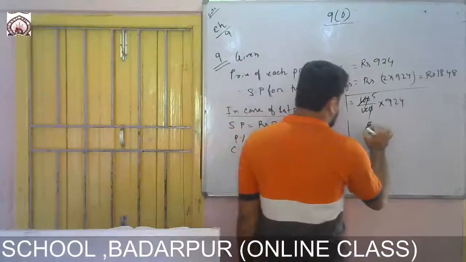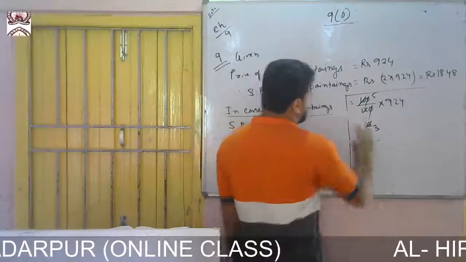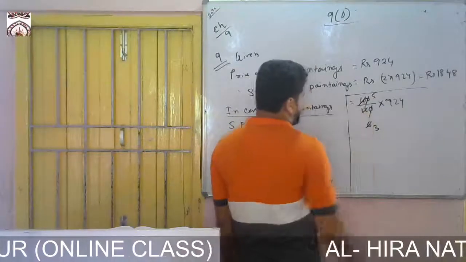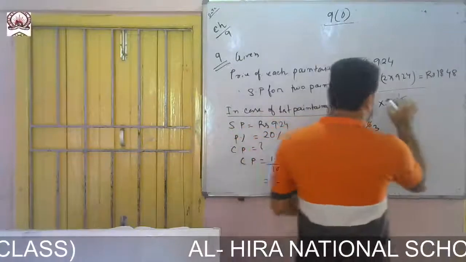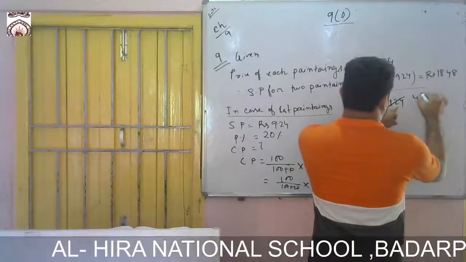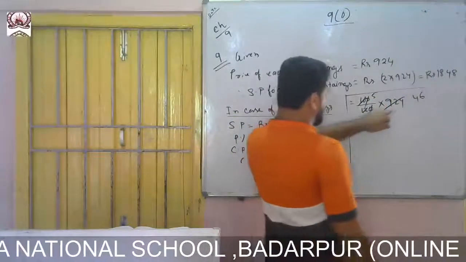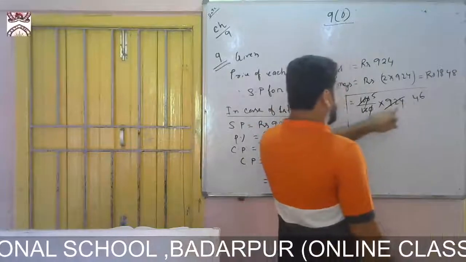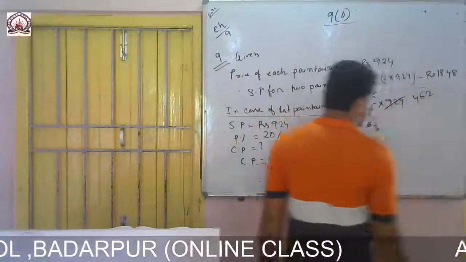Now we cancel this one with 2. 2 3s are 6. Then if I cancel with 2 this one, then 2 4s are 8, remain 1. Here 2 6s are 12, here 2 2s are 4.